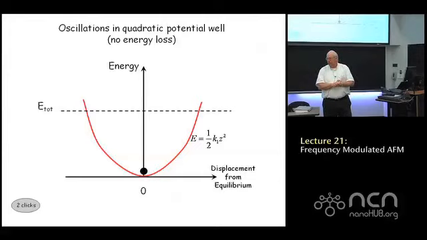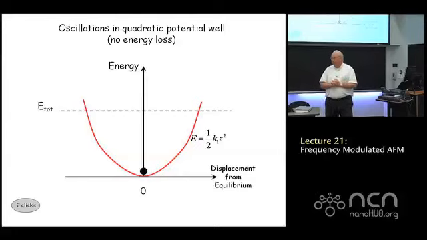Okay, so I'm going to review about 5 situations, and I'm slowly going to work up to the nonlinear interaction force between the tip and the sample. That's going to be the end of the lecture. But I'm going to start with things that, in principle, you all should understand.